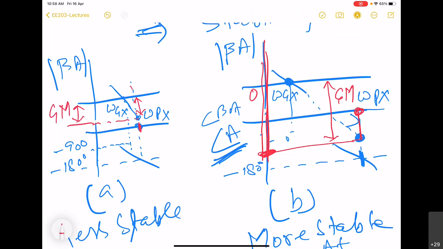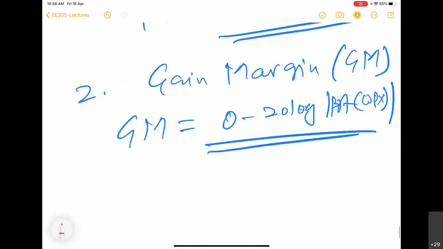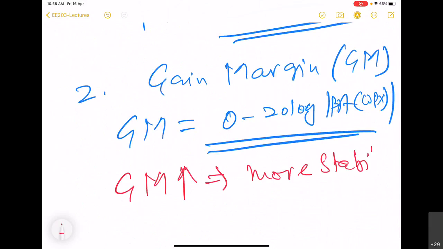Here again we see that if GM is larger, for example in case B, the system is going to be more stable. So GM larger implies more stability.